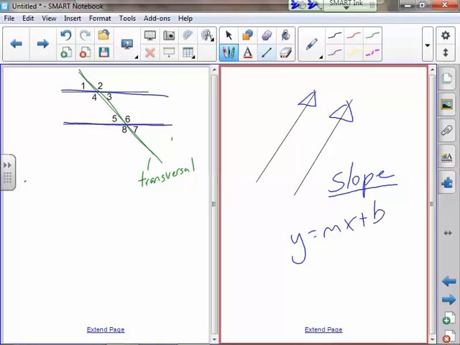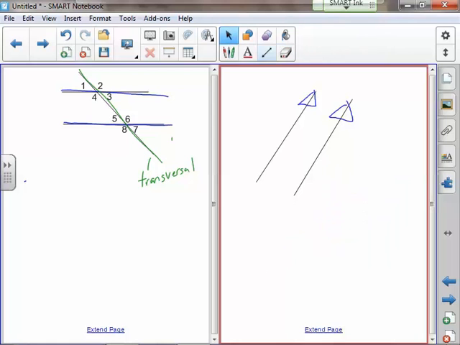If the slope is congruent, then we knew that those lines were parallel. That's how we did that last year, and we will continue to do this year. So if they have the same slope, they're going to be parallel.